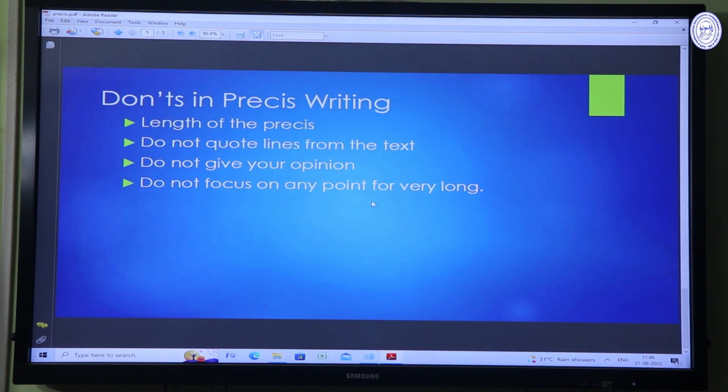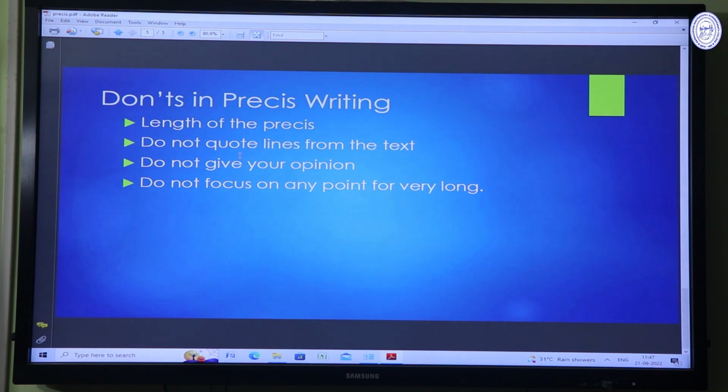Next, there are do's and don'ts. I have already talked about the do's. There are some don'ts when you are writing the Precis. The length of the Precis is the biggest concern. A Precis is precise. Sometimes I find that when students write a Precis, its length is larger than the original text.